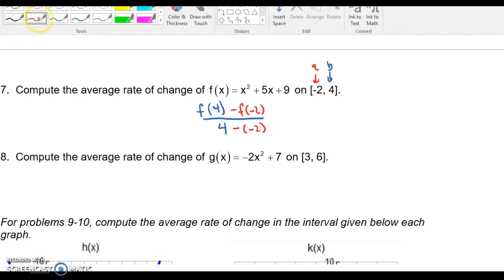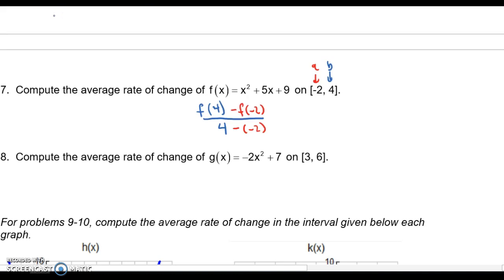And again, at that point, we're going to plug those numbers in. So f of 4 will be 45. F of negative 2 will be 3, so we subtract 3. And all that is divided by 4.